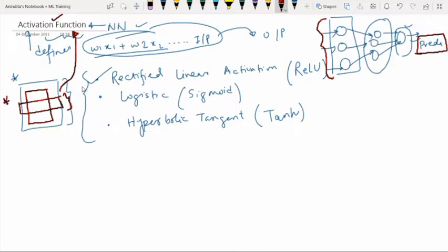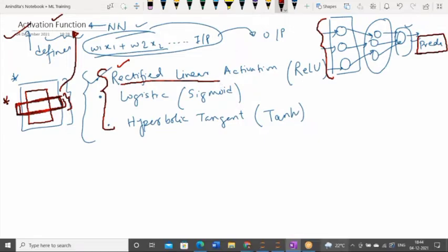In the first part of the training session, we will discuss how to design this segment of the code where we can write our own Python code to create the activation function according to our need. So let's start with this ReLU function. What is this ReLU function and how can we write this code?